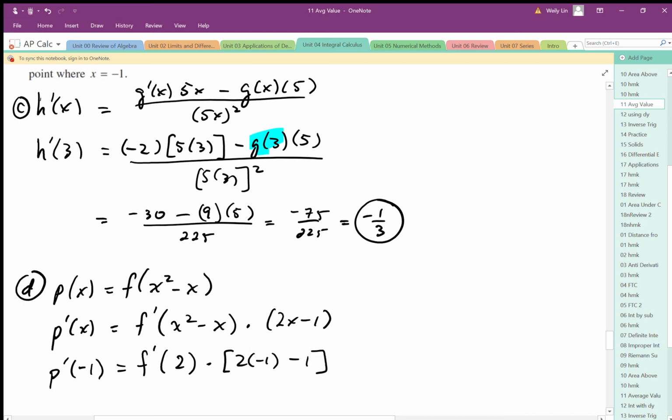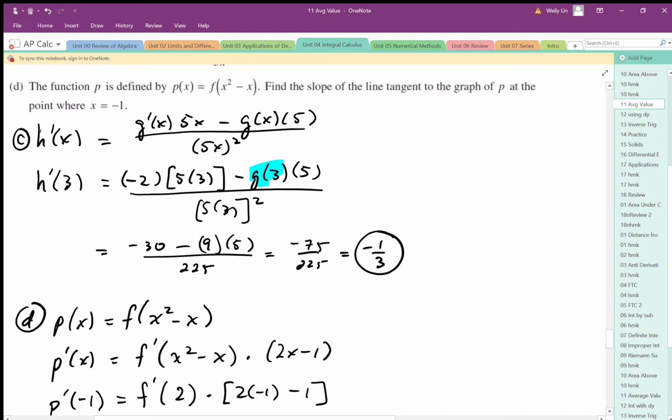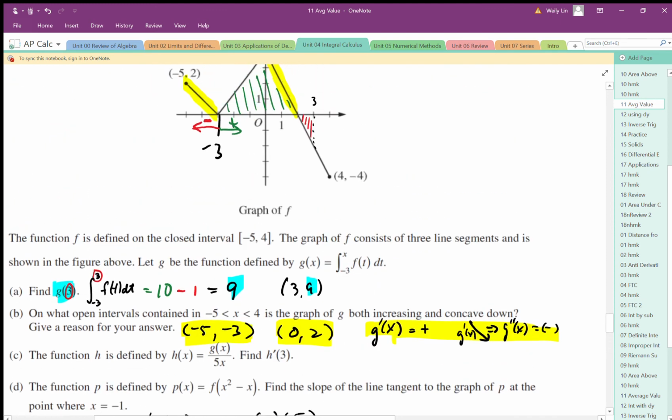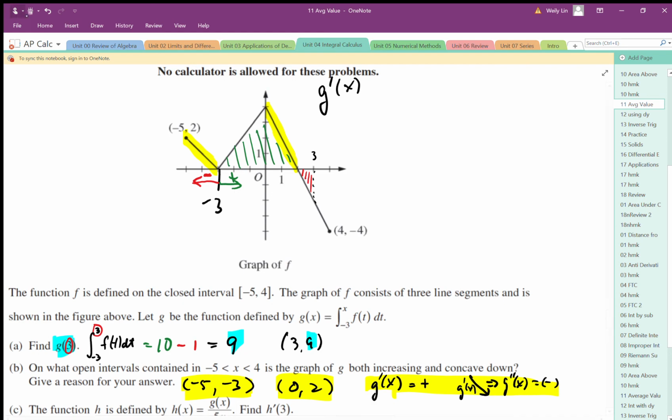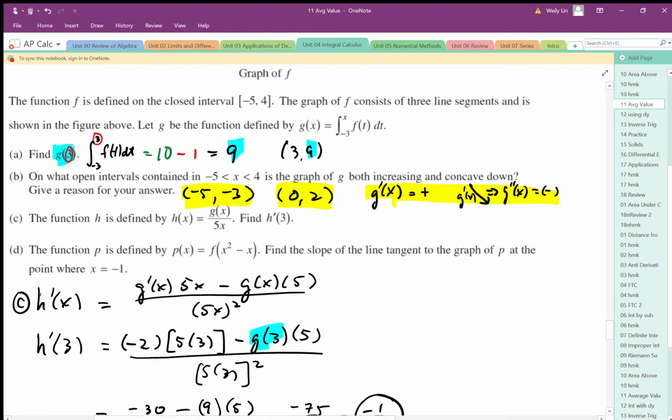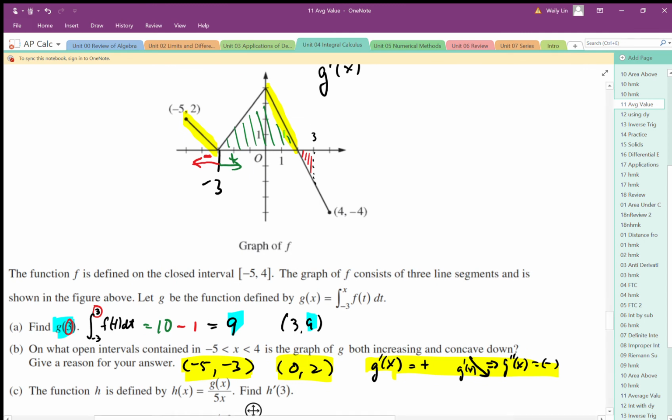That part's easy. I just now have to establish what the slope on the f graph is at x equals 2. Well, x equals 2 is going through the axes. So what is the slope of that green line segment there? I can see very clearly that's the slope of that whole line.